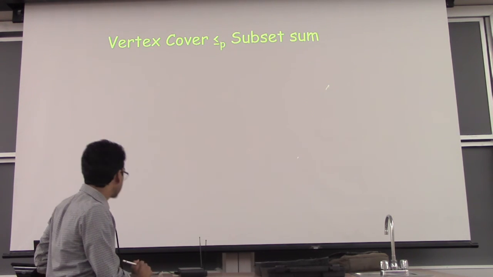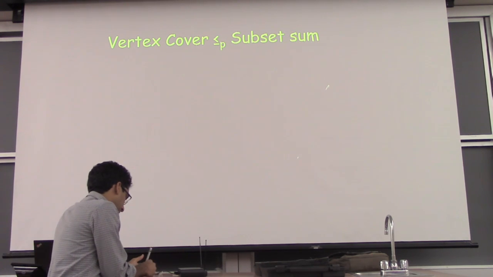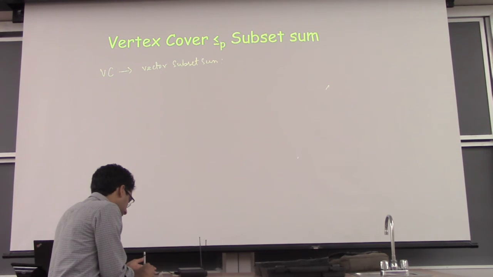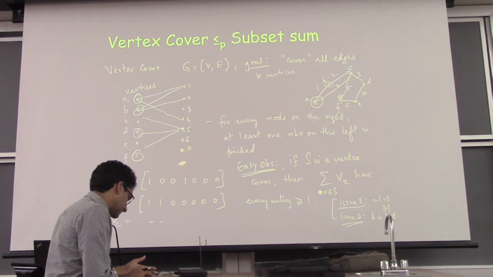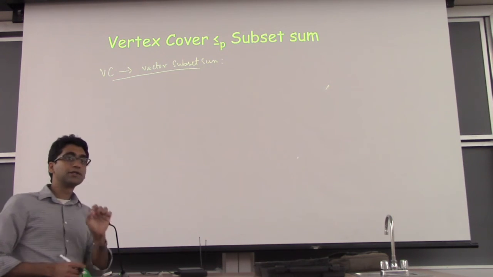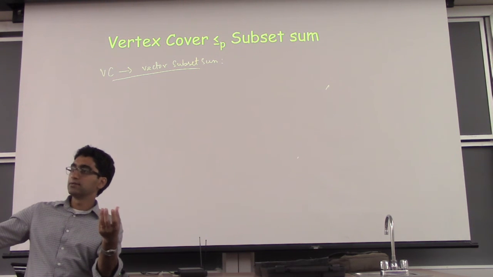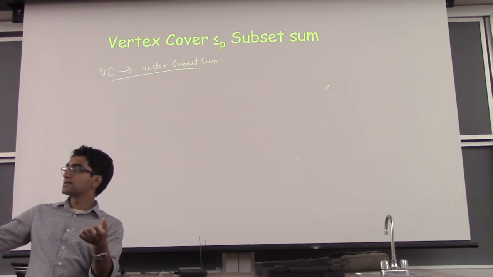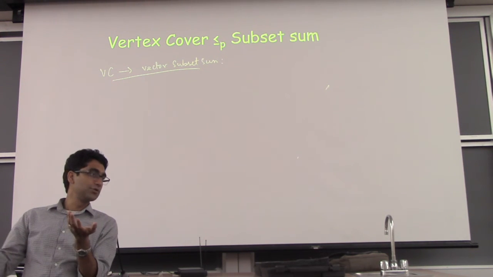And it turns out this you can actually remedy. So let's look at vertex covers to vector subsets now. The k issue is easy. What you can do is maintain an extra coordinate, which keeps track of how many sets you pick.